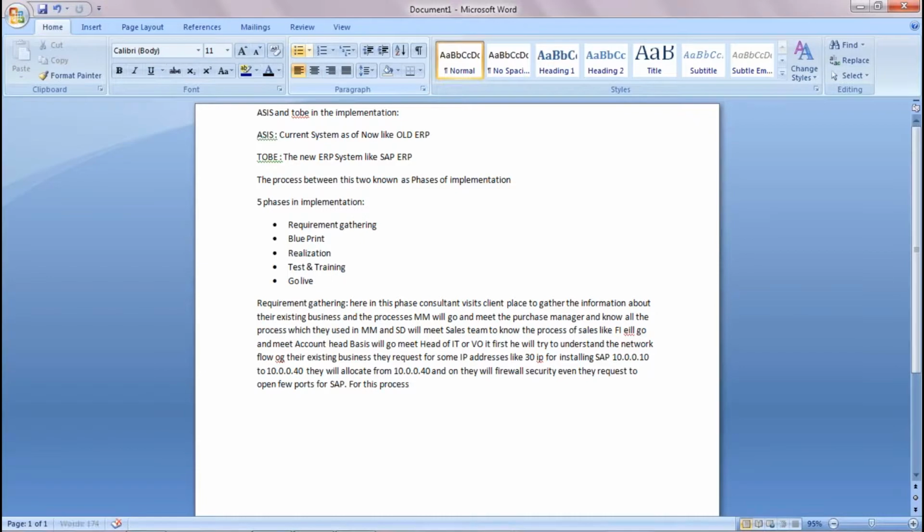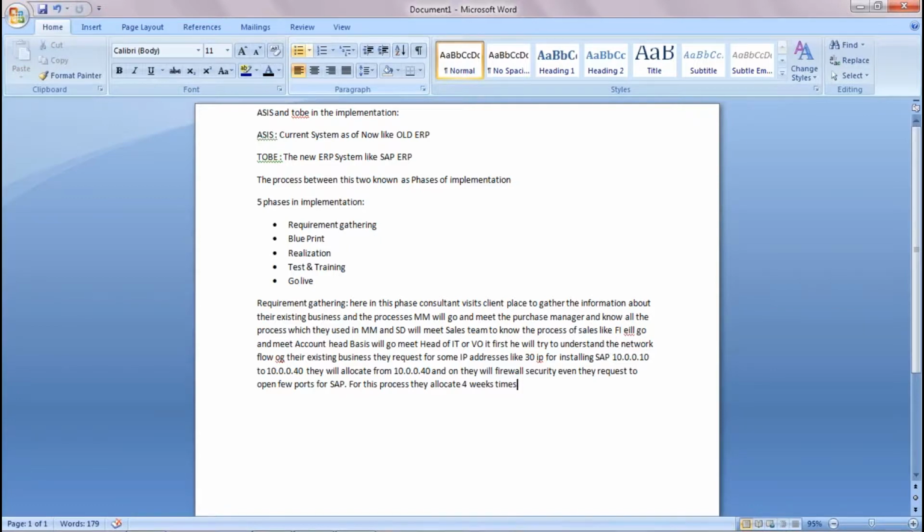So for this process, they allocate 4 weeks' time. The consultant has 4 weeks to gather all this information. They may collect information in 2 days also, or 4 weeks also, but they are not allowed to go beyond 4 weeks. You just go and collect information and come back after 4 weeks with all your inputs.